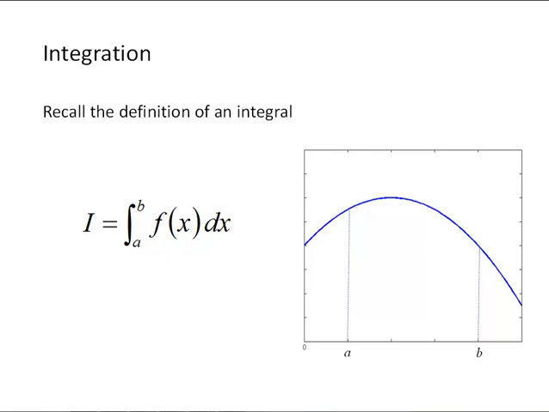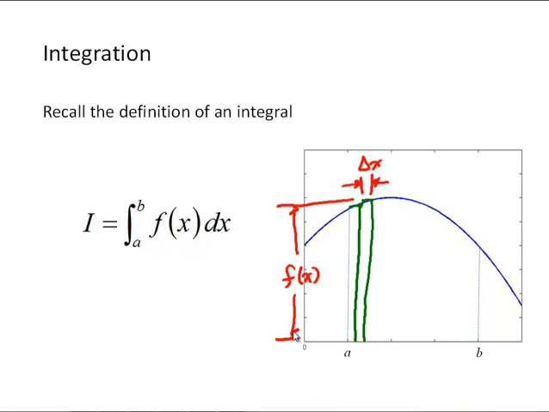So let's start by reviewing the definition of integration. If you recall from your calculus class, integration came from totaling the area under a curve, and you probably developed that by starting with a bunch of rectangles, each rectangle having a width of delta x and a height of f of x, and you started with a Riemann sum.